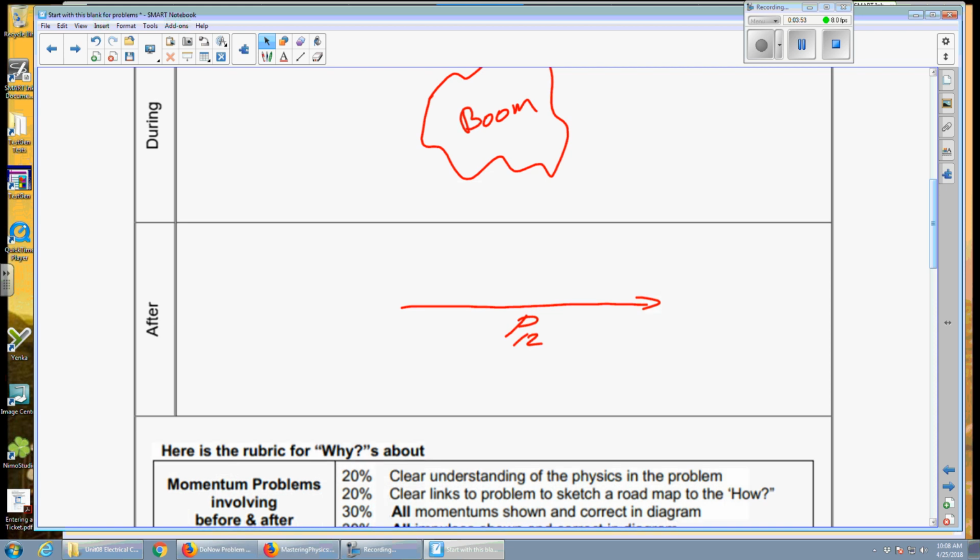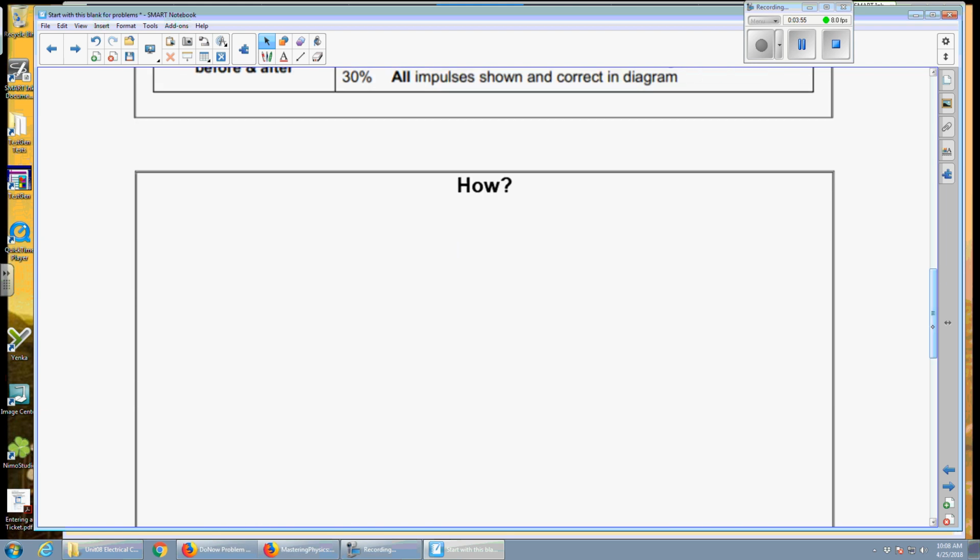No. Alrighty. So in my how, from my equation sheet, I can go and look up that momentum is inertia times velocity. Right? That I pull down from Unit 1, maybe.